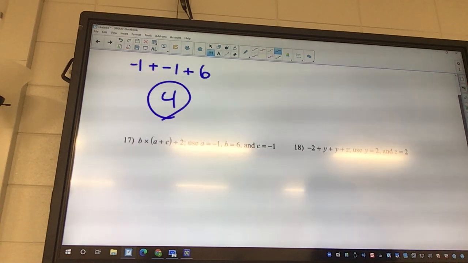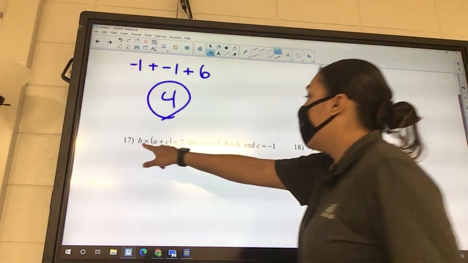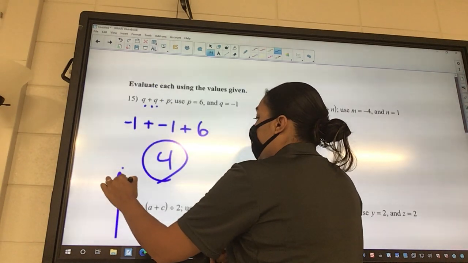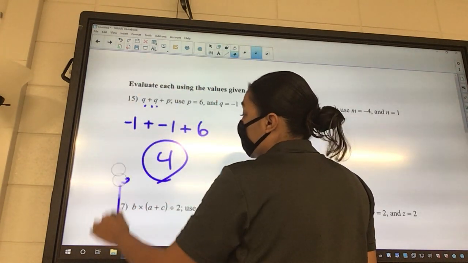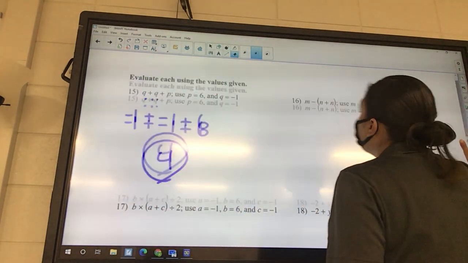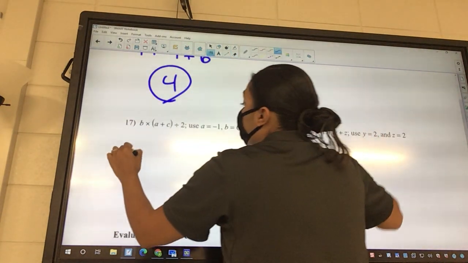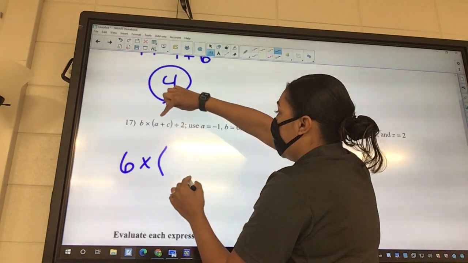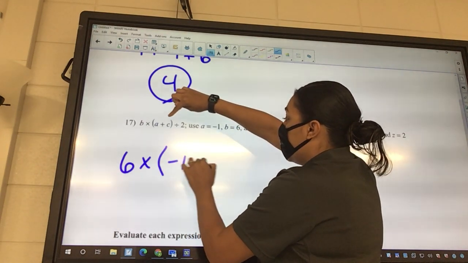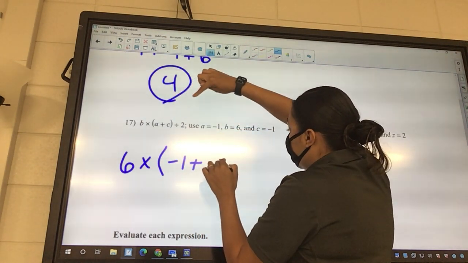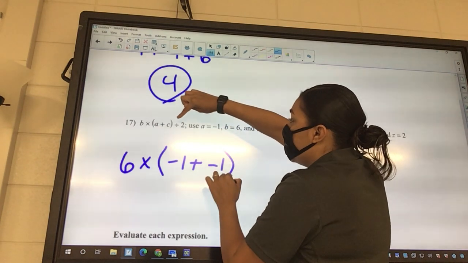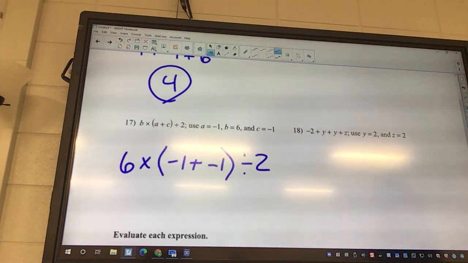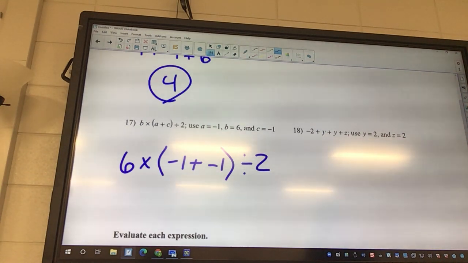Okay, 17. First we have a B. What's our B? 6. So we got 6 times parenthesis, A, which is -1, plus C, which is -1, close parenthesis, divided by 2. What would you need to do first?